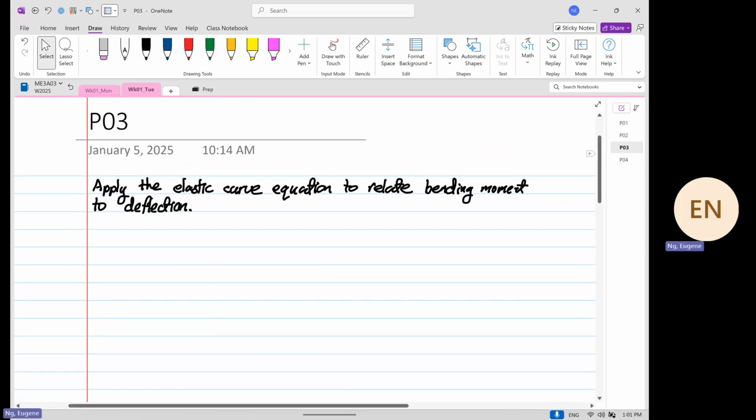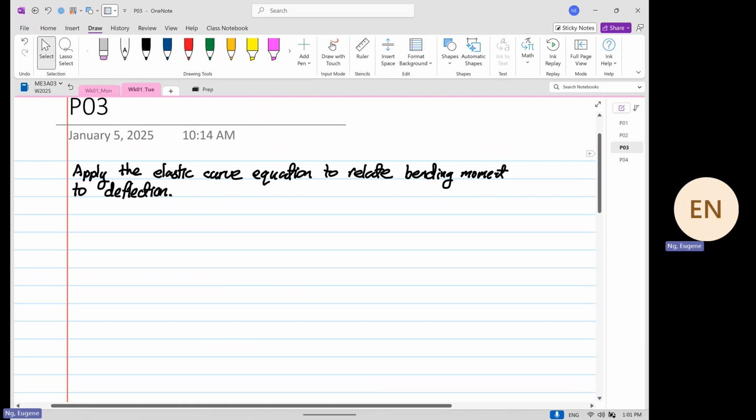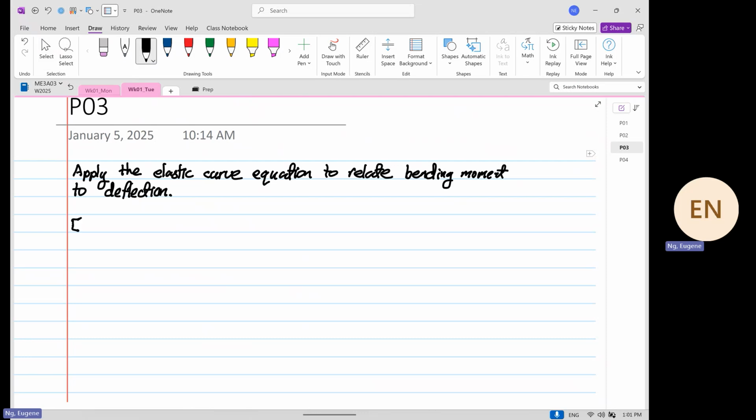Okay, if you guys have not done this yet, I don't think you guys have calculated any deflection yet. But take the formula as it is. Probably you guys have seen this in math. Okay. So what we have is Young's modulus multiplied by second moment of area, d squared y over dx squared, is equal to the moment.